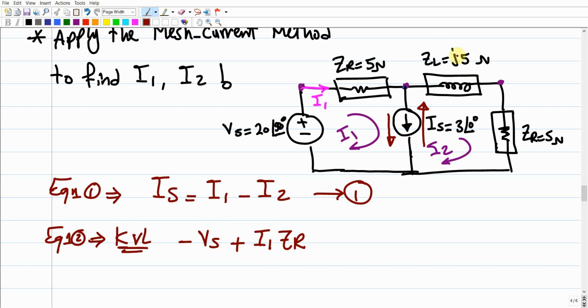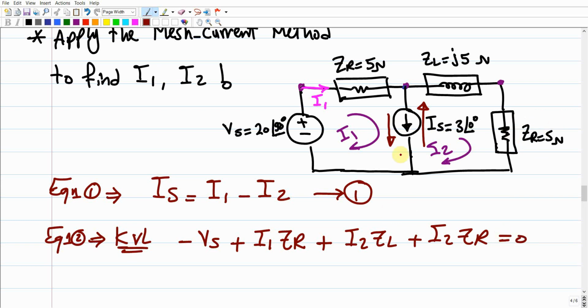Then the voltage over ZL is I2 times ZL, because the current over ZL is only I2, with no effect from I1. This is positive as well. Also the voltage over this one is positive because it is output, and it is I2 times ZR, because there is no effect of I1 on this element.